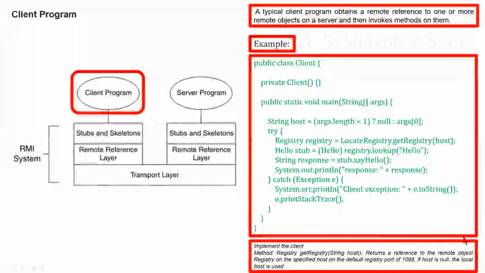Here you can see a code segment to implement the client. The client program obtains a stub for the registry on the server host, looks up the remote object stub by name in the registry, and then invokes the sayHello method on the remote object using the stub.